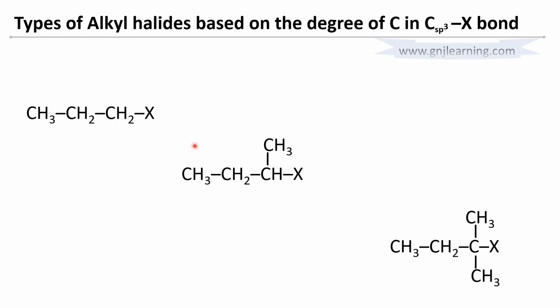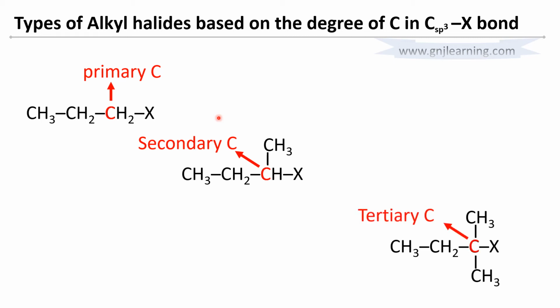Now if we move on to the next compound, you can see that there are two C-C bonds attached to it. So then it is a secondary alkyl halide. And in the case of the third compound, it has three C-C bonds attached to it. So the carbon atom to which X is attached is a tertiary carbon atom. So this is a primary carbon atom, this is a secondary carbon atom, and in the third one it is a tertiary carbon atom.